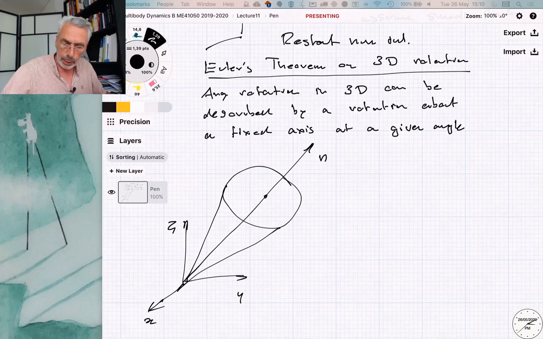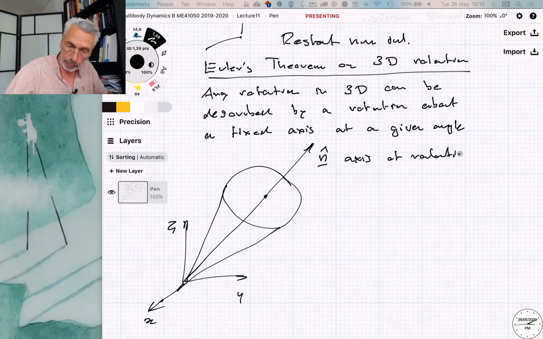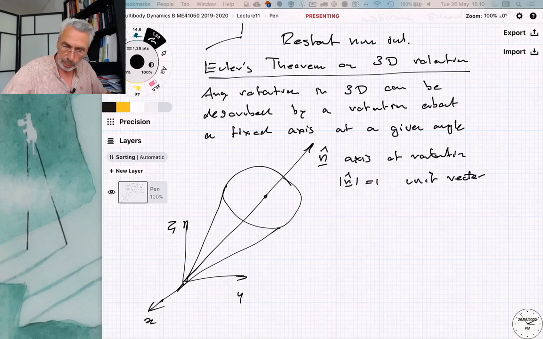We call this the axis of rotation. I just pick one. And the hat means that the length of this vector is 1. That's a unit vector. And then we're going to rotate about an angle theta.